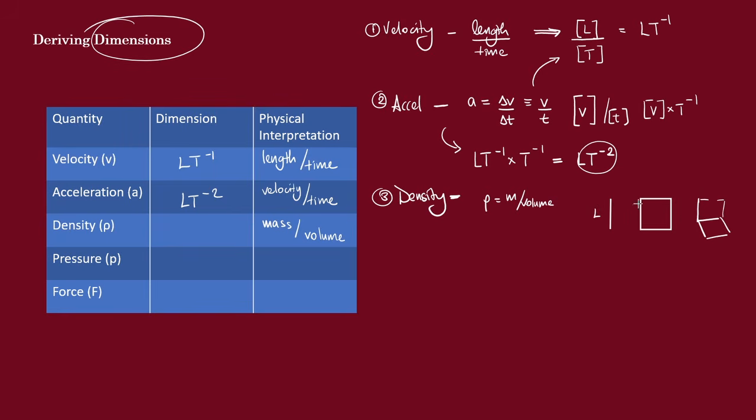So a single length is L, area is L squared, and volume is L raised to the power 3. For density, that's mass over volume, so the dimensions of rho is M over L cubed. To simplify the indices, it's M L raised to the power minus 3.